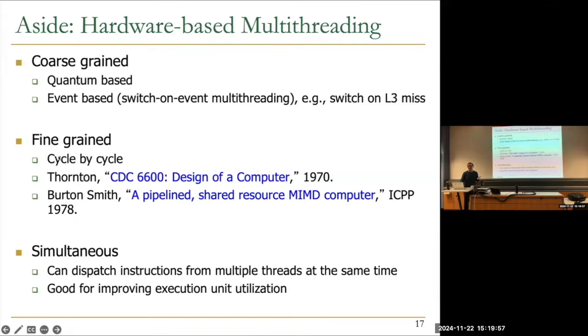So the difference here is that fine-grained multithreading is a lot easier to implement, in the sense that within a thread, you don't need any dependency checking. Whereas with simultaneous, within a thread, you need dependency checking because you cannot guarantee that multiple instructions from the same thread are not present in the pipeline at the same time. Right? Okay, so clearly today's processors have simultaneous multithreading.